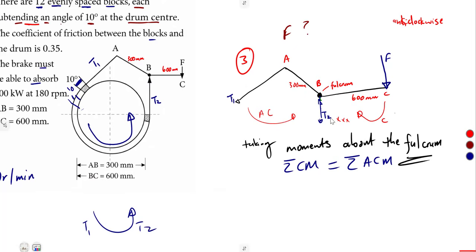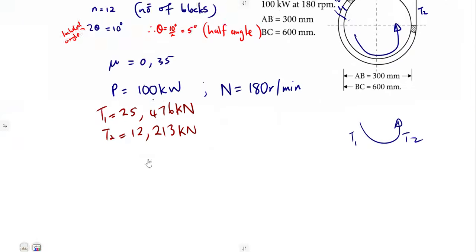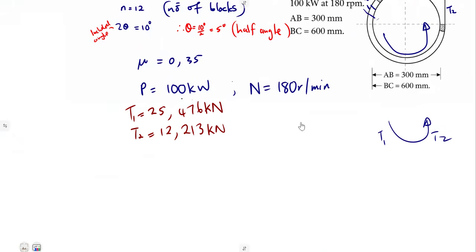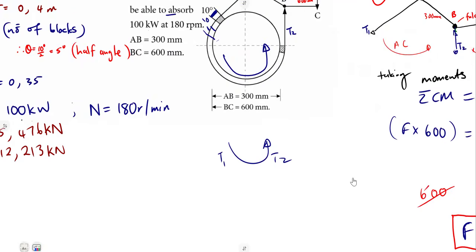So the clockwise, that's F times the distance 600, must be equal to T1 times the slanted distance again. It must correspond just like that. So we have the value of T1. We calculated this one before. So substitute back. We are done.